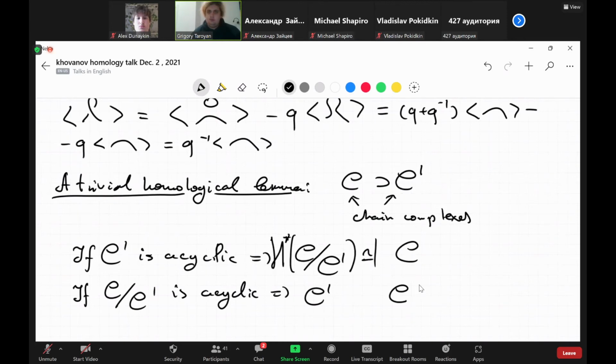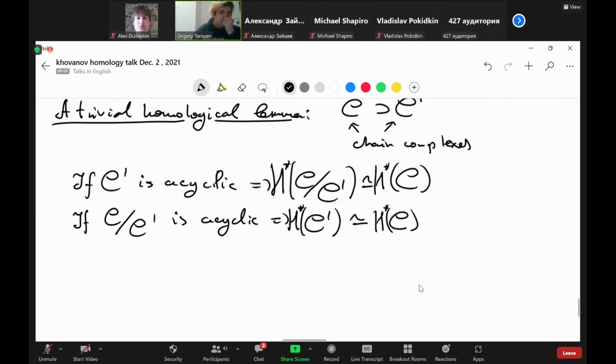Okay, so that just immediately follows from the long exact sequence in homology. Okay, and now the proof of R1 invariance.